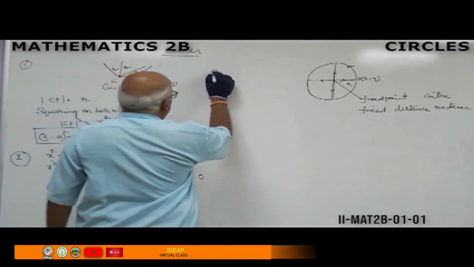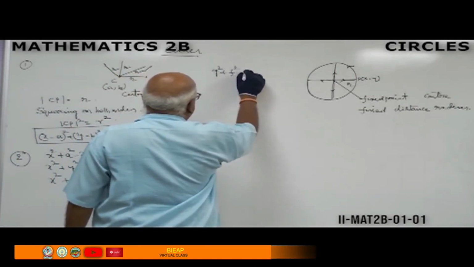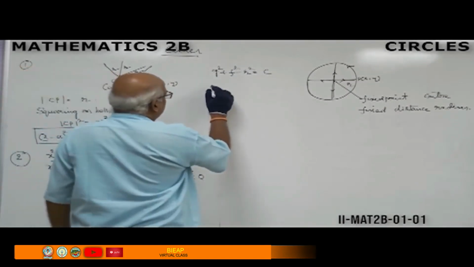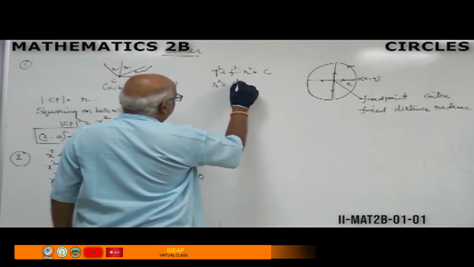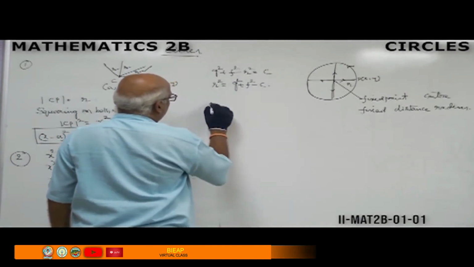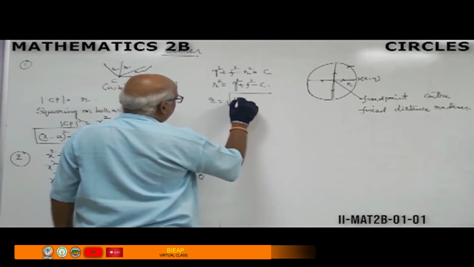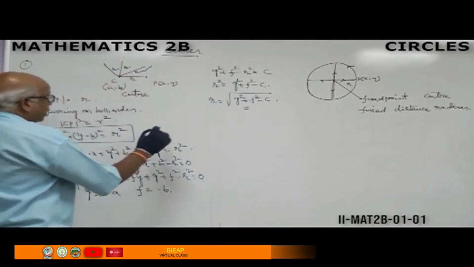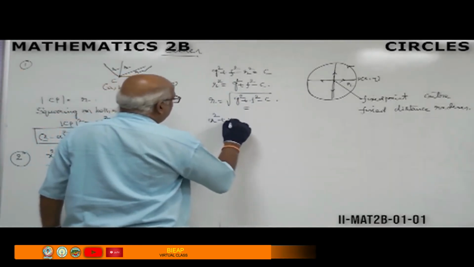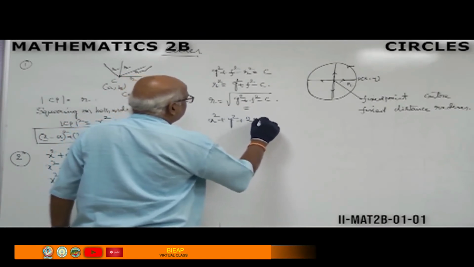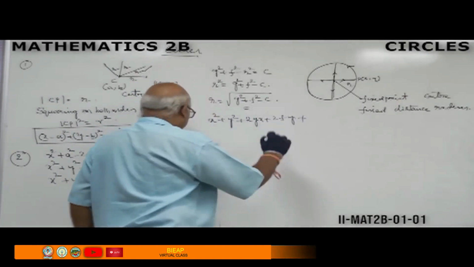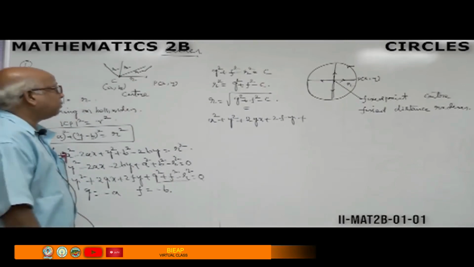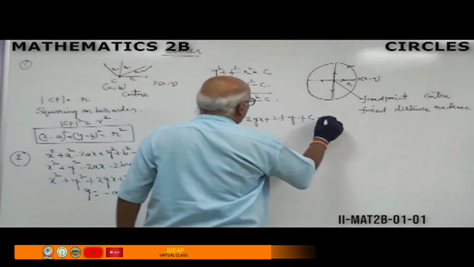Here g square plus f square minus r square is again a constant. I will name that one as c. So from this, r square equals g square plus f square minus c, and r equals root of g square plus f square minus c. So I will rewrite this once again: x square plus y square plus 2gx plus 2fy plus, in place of g square plus f square minus r square, I will put the constant c, equals 0.